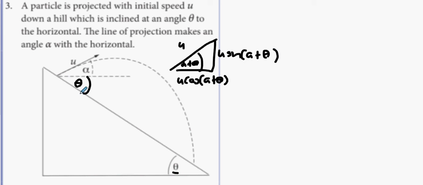Yeah, they're both the same because they're alternate angles. So that's the main change you're going to use, okay? And it's still downhill. So it's actually pretty much the same answer as the last question, isn't it? Except replace beta with theta and replace alpha with alpha plus theta, and you're done. So it's the same stuff.